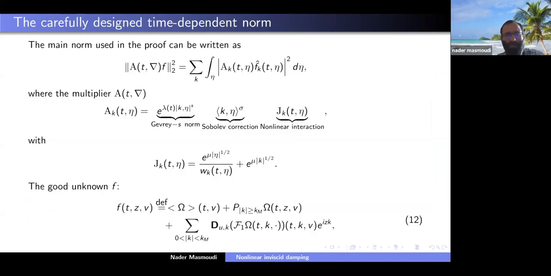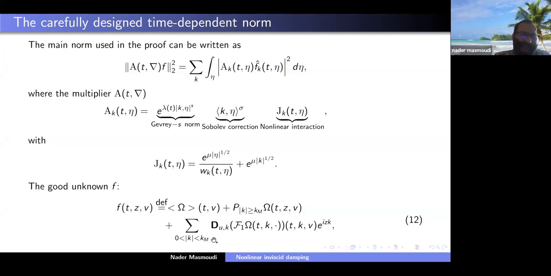The last step in the proof is to introduce a norm based on the so-called toy model. This is exactly the same norm I used with Jacob. Of course, now we are going to apply this to the vorticity, but after applying the wave operator, it turns out we only need to apply this wave operator for k less than some km.